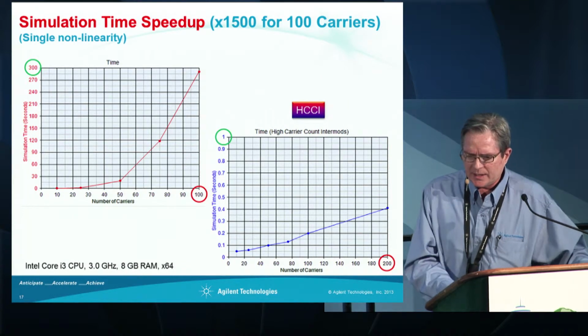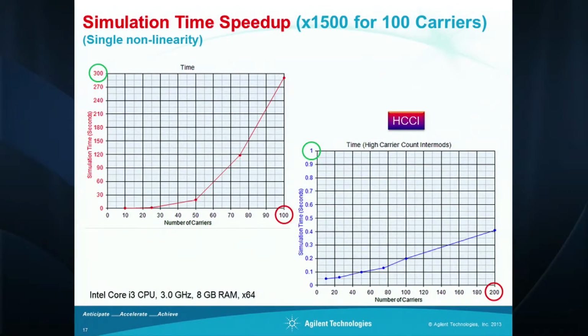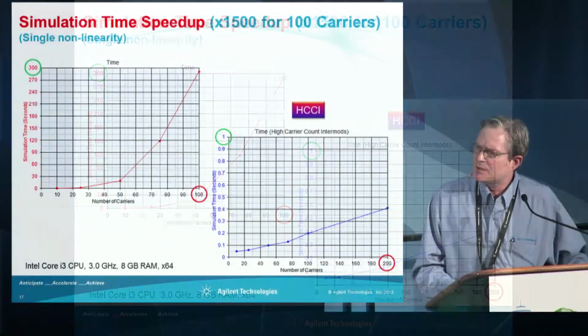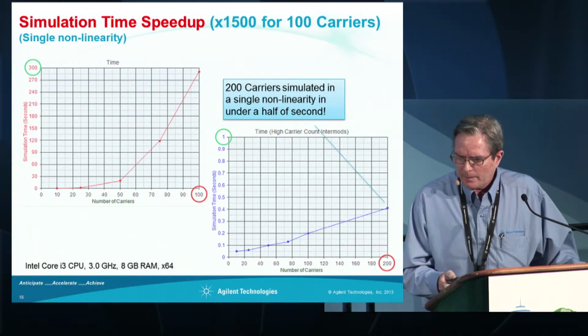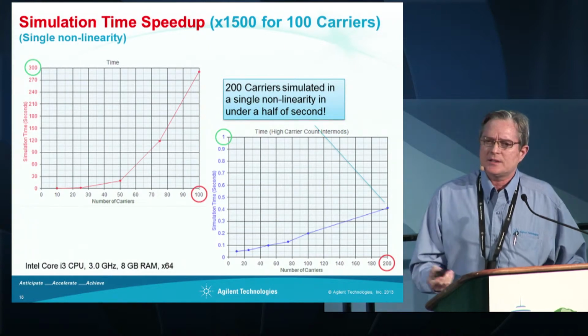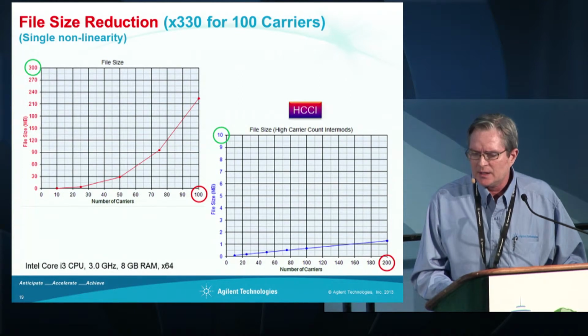But what you'll see is that for 100 carriers, it took almost 300 seconds to simulate. With the new approach, it's about 0.2 seconds. So it's very fast. And if you look at 200 carriers, it's under a second. So this is very quick.